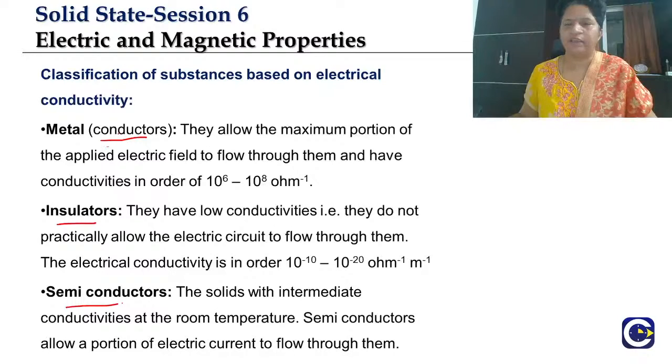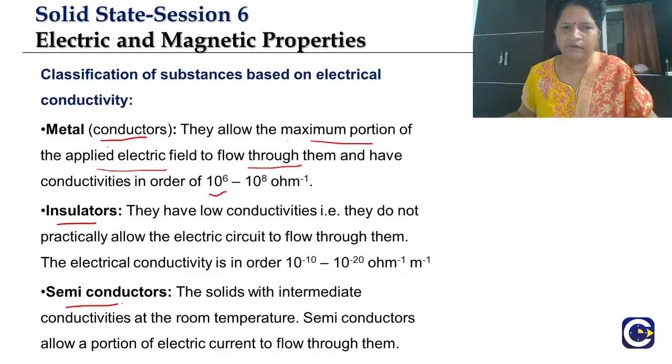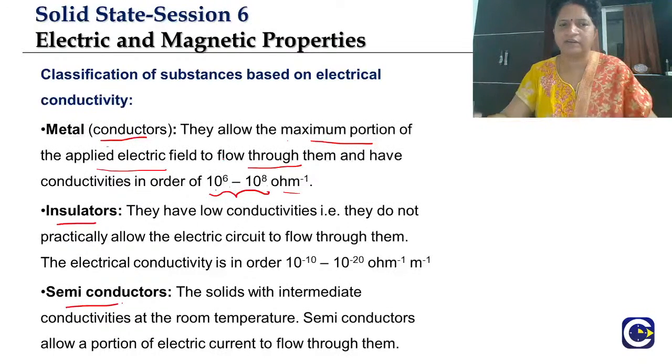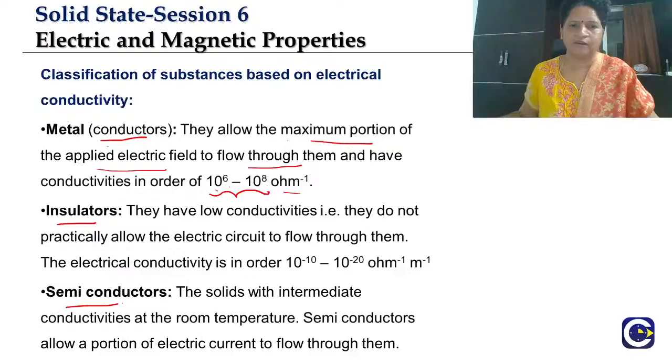When do we say a substance is conducting? When it can allow the electricity to pass through it. They allow the maximum portion of applied electric field to flow through them, and the conductivity value will lie between 10 power 6 to 10 power 8 ohm inverse. If any substance has its conductivity value within this range, we call them conductors. And metals are examples of conductors.